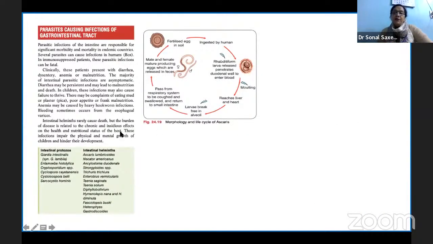Then similarly, if we come to the chapter on GIT, it is parasites causing infections of the gastrointestinal tract, where we are talking about how the egg looks, how the infection occurs, the various moltings that take place. And in the beginning, every time a syndromic causes section starts, it gives you a list of the parasites that it's going to cover.